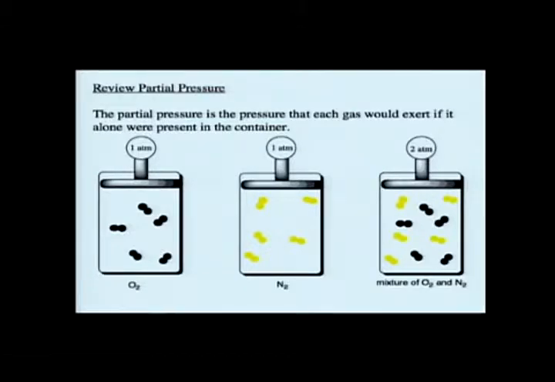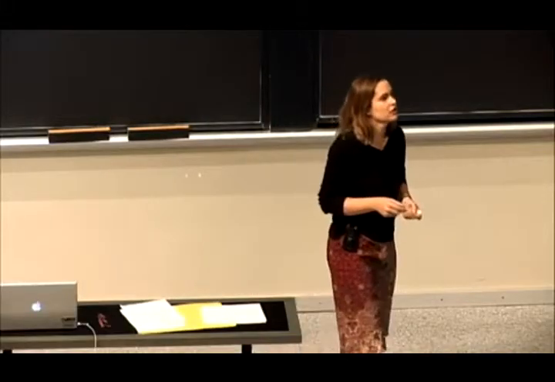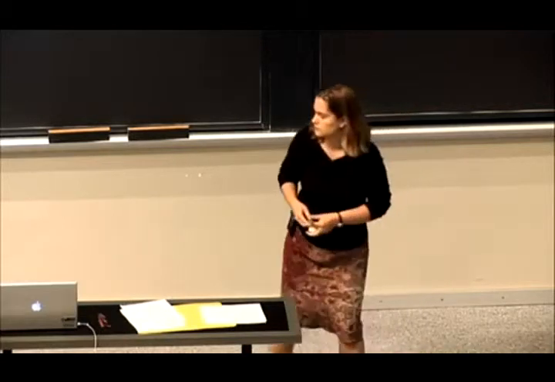If you put this amount of oxygen and this amount of nitrogen together in a container, you would have 2 atmospheres of total pressure, but you're still going to have 1 atmosphere of partial pressure for oxygen and 1 atmosphere of partial pressure for nitrogen. So it's as if the gas is alone in the container. That's the definition of partial pressure.